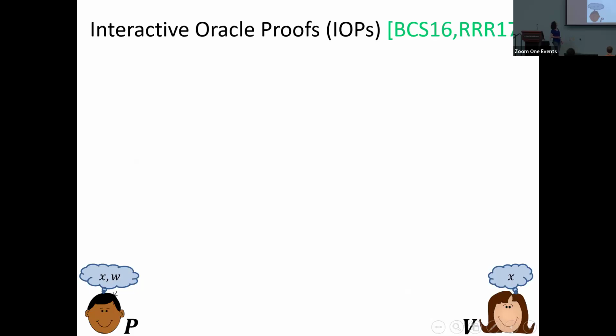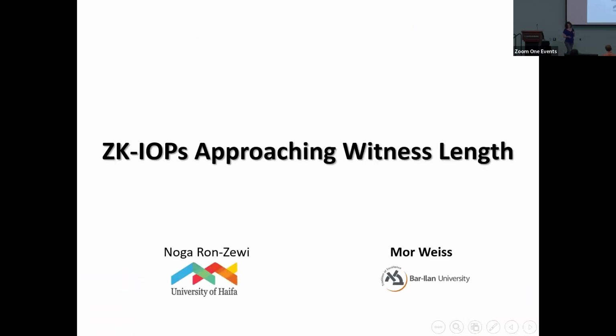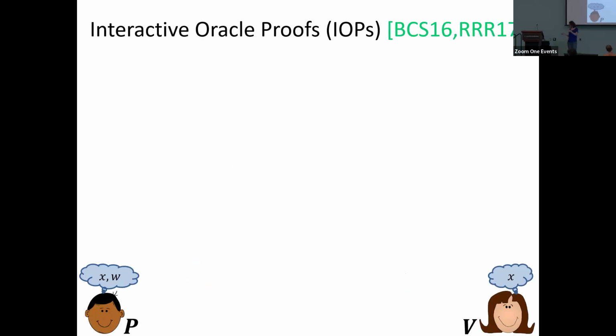Okay. So what are these information theoretic objects? They're interactive oracle proofs, or IOPs. And this is an interactive protocol between a prover and a verifier. The goal here is to prove that X is in some NP language.